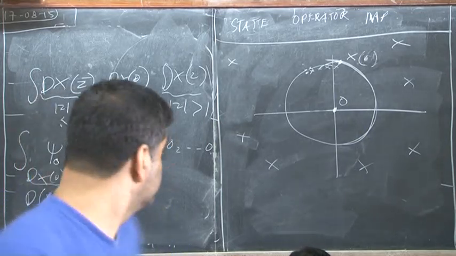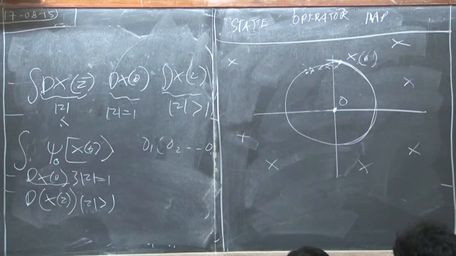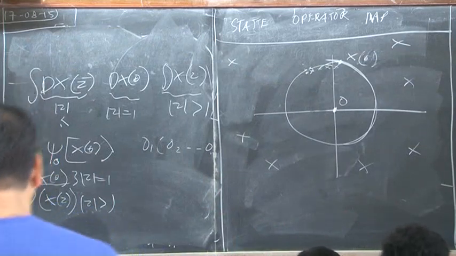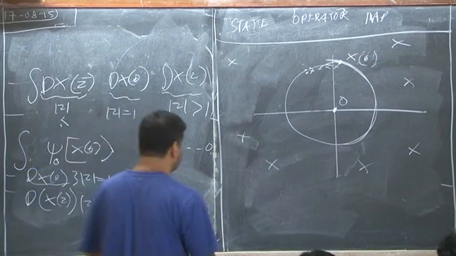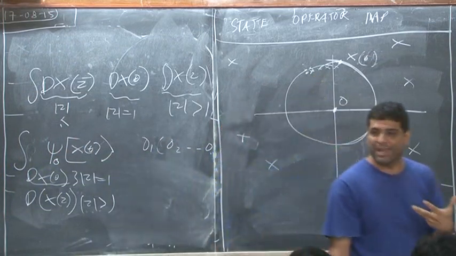Does this psi of x of theta depend on the radius of this unit disk? Well, I've chosen the unit disk. If we had a different radius, it would depend, though in a very simple way.